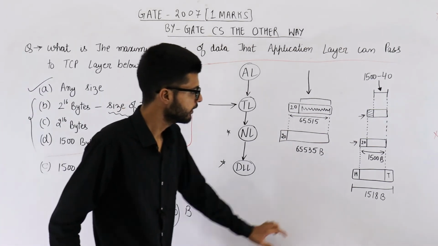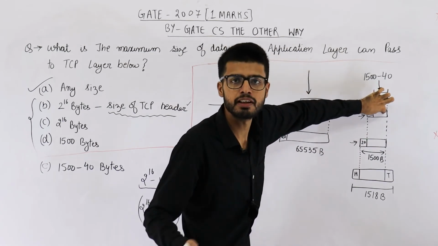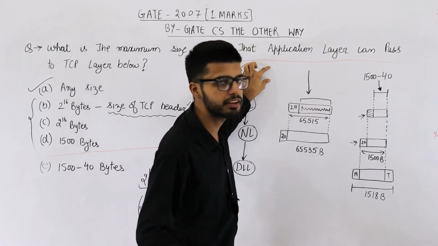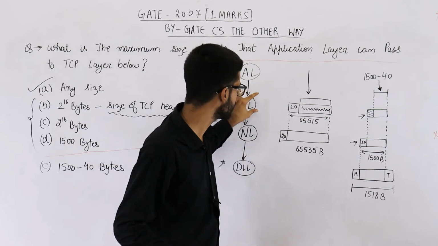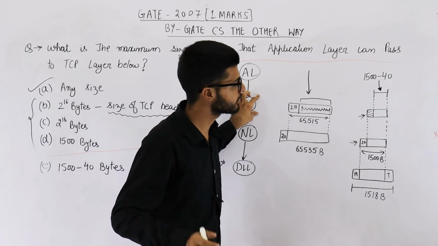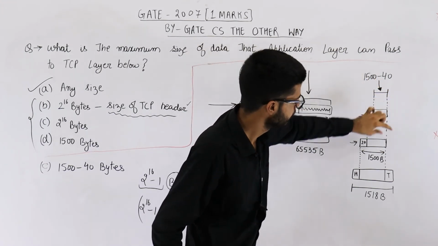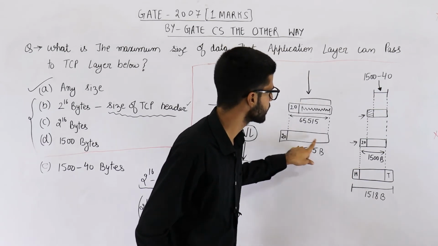You might think that if 1500 is the limit here, then the limit here will be 1500 minus 40. But application layer does not know about this limit. It is the duty of this transport layer to create packets such that the data fits here exactly, keeping this limit or this limit in mind.